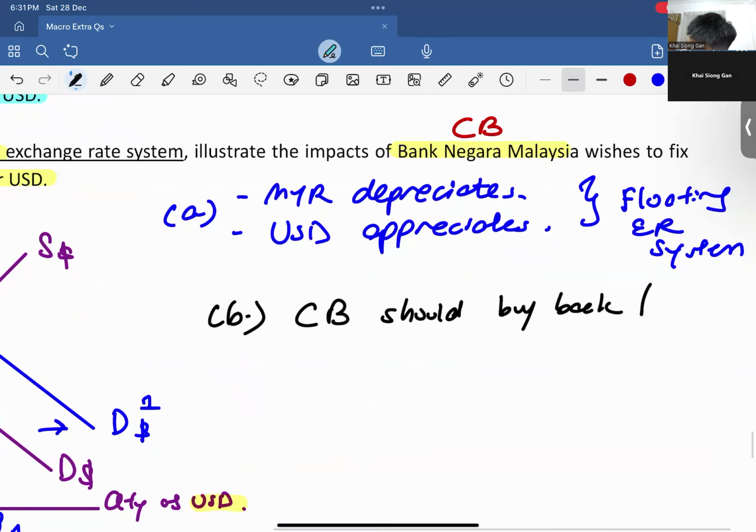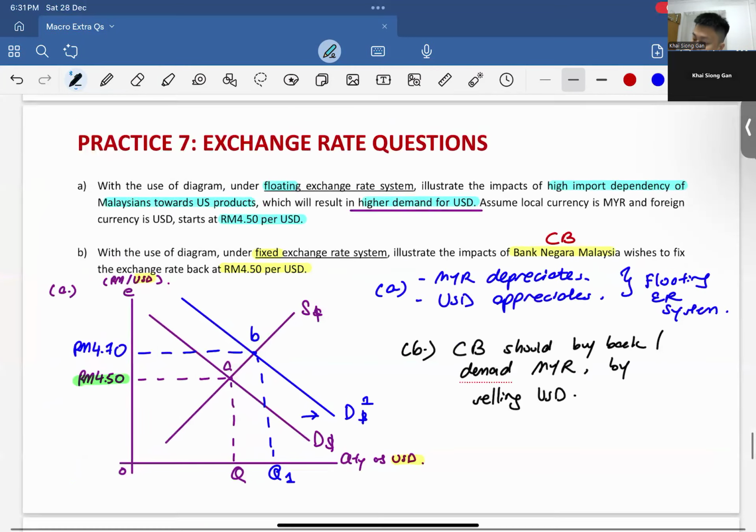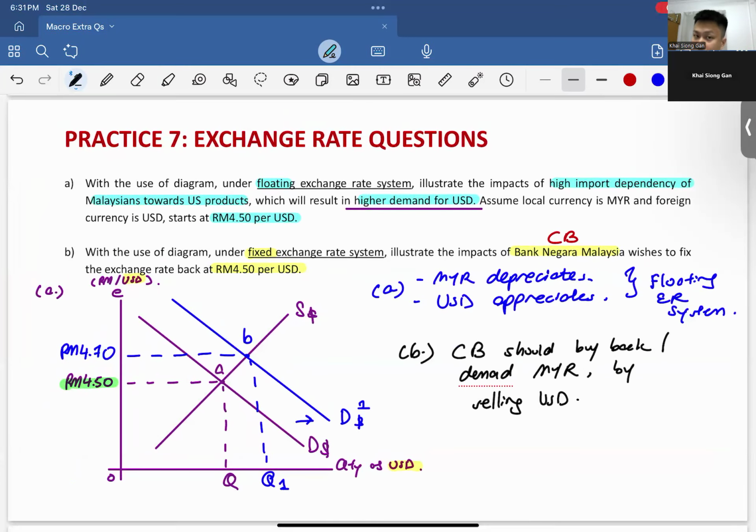Buy back means demand ringgit Malaysia by selling US dollars, because too much ringgit Malaysia is being supplied to the foreign exchange market to exchange for US dollars. They have to buy back all the excessively supplied ringgit Malaysia. How do they buy back? By selling US dollars.